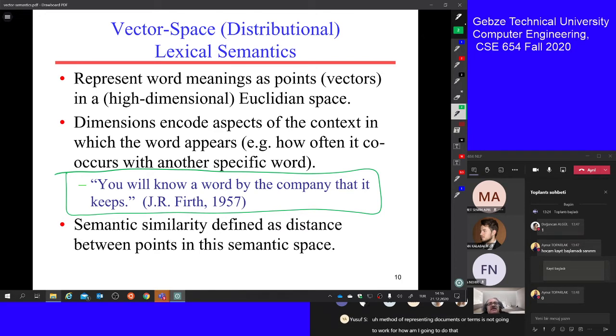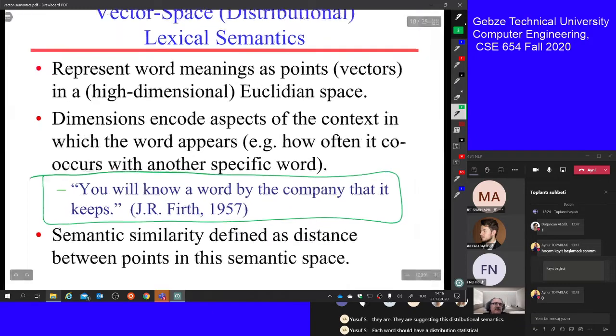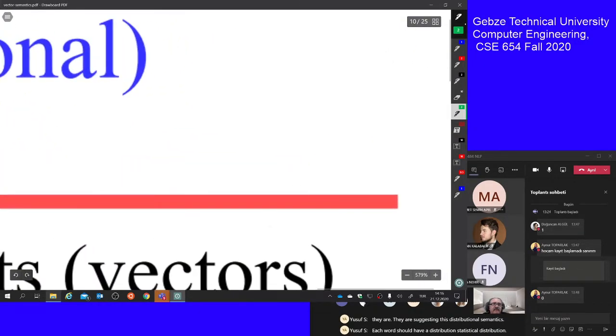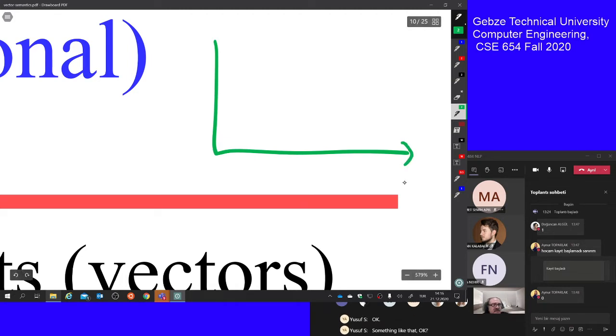So they are suggesting this distributional semantics. Each word should have a statistical distribution. These are the words: word number 1, 2, 3, 5, and so on up to word number 40,000.